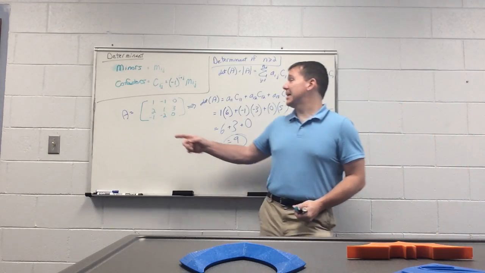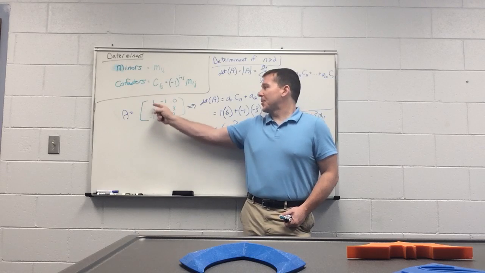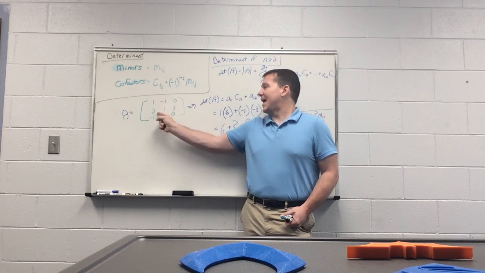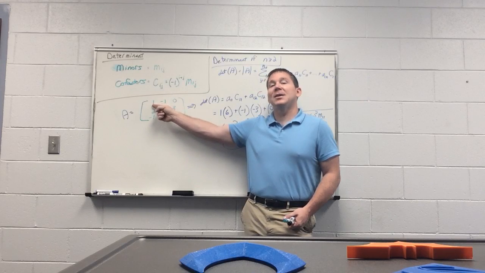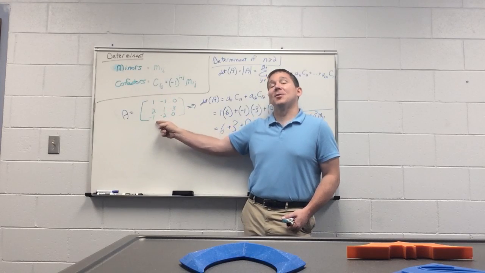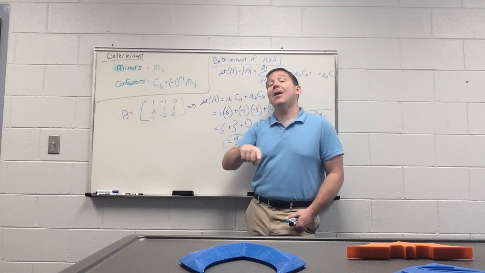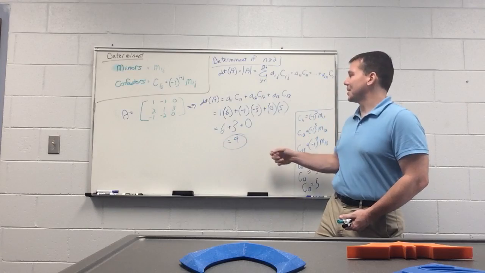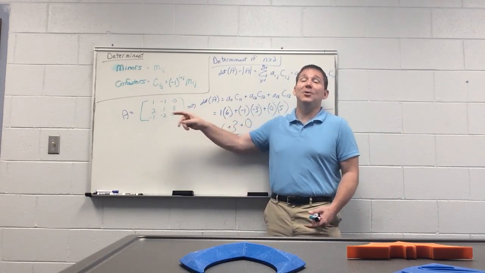Essentially, again, the idea here is take this entry right here, cross out that column and row, find the determinant of the 2 by 2, and then multiply it by that entry here. Then, cross out this column and row, find the determinant, and multiply by this. And account for the negative of your cofactor, because that is 1, 2, sum of 3, negative 1 cubed.